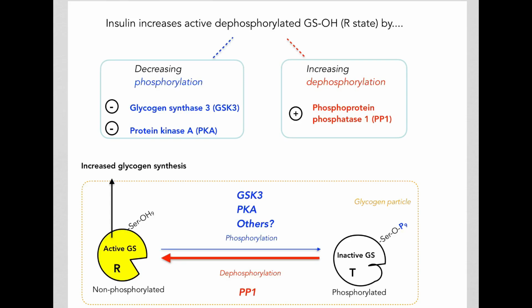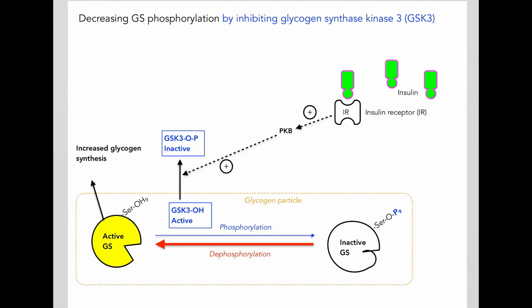Let's first see how insulin decreases glycogen synthase phosphorylation by inhibiting GSK3. GSK3 itself exists as the non-phosphorylated active form or the phosphorylated inactive form.